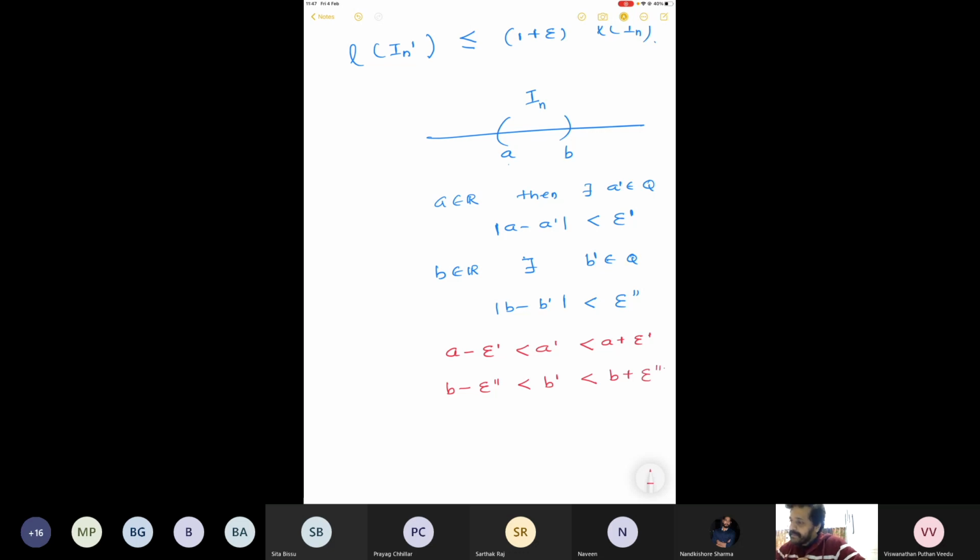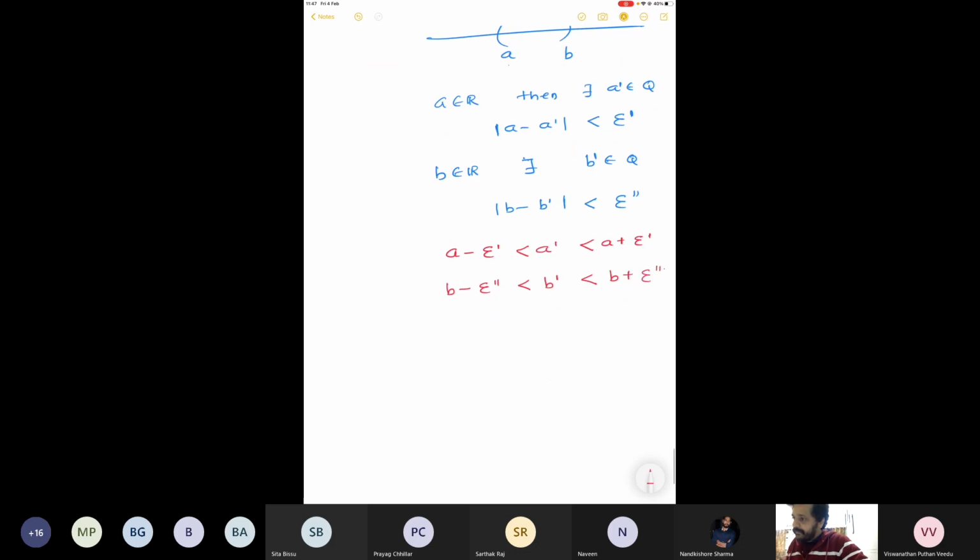Now let me just check what I have done. Therefore, the length of the interval (a dash, b dash) is b dash minus a dash, which is less than or equal to b plus epsilon double dash minus a dash. I am replacing b dash by b plus epsilon double dash, and since a dash is greater than a minus epsilon dash, minus a dash will be less than minus a plus epsilon dash.